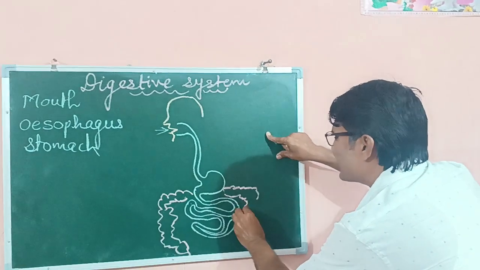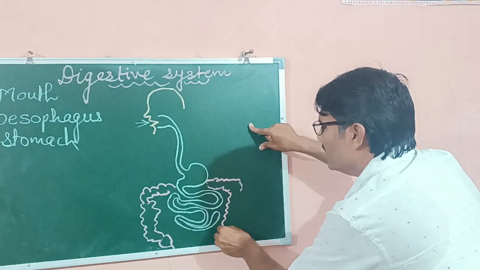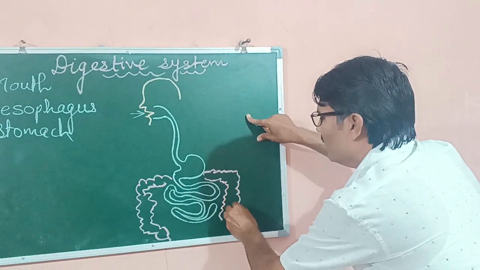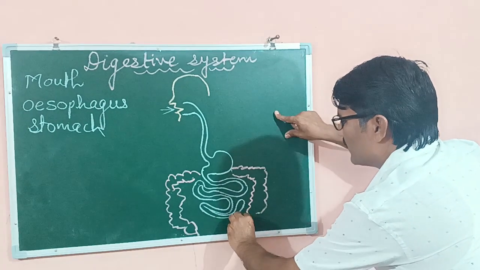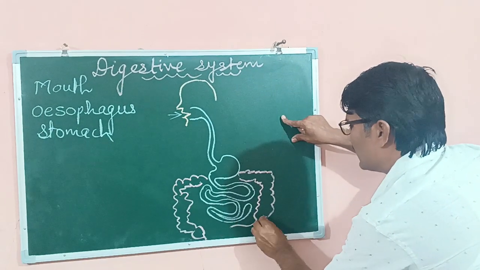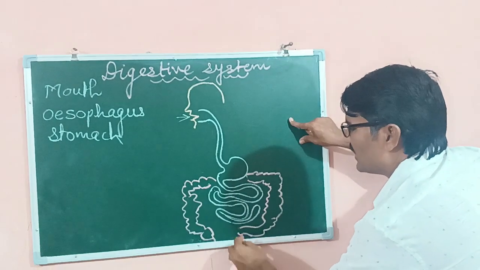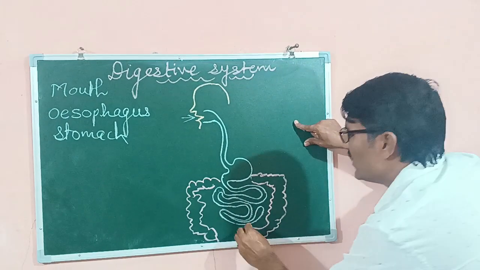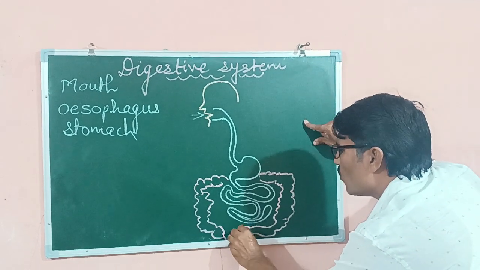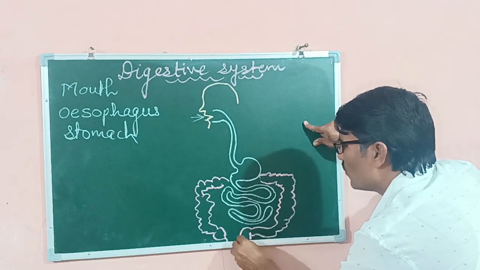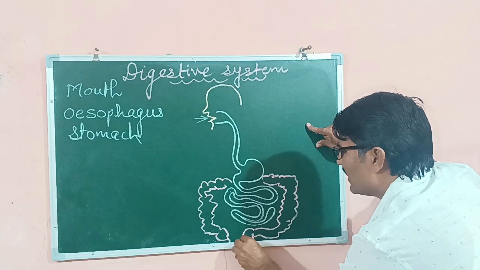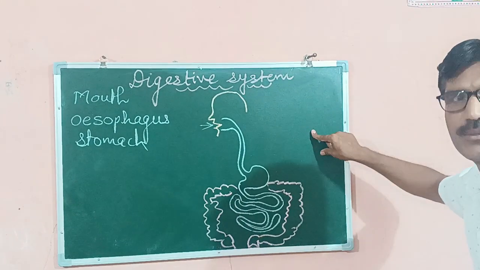And towards the left side of the human body, the large intestine is converted into the downward opening. It is the downward opening and it is called the anus.